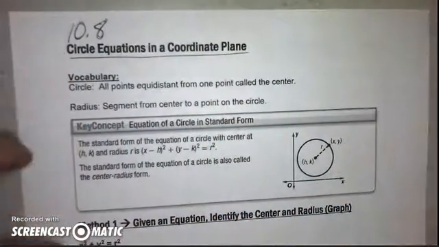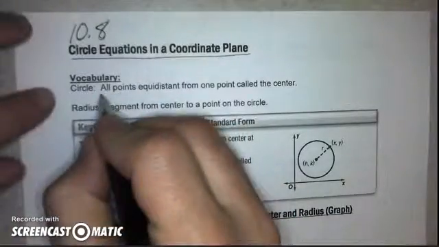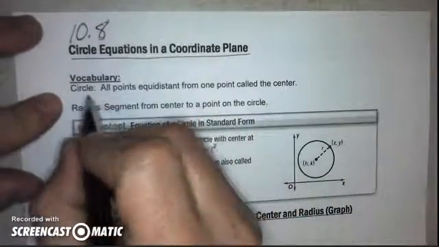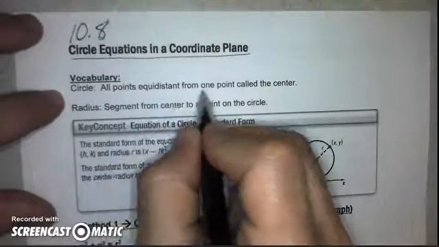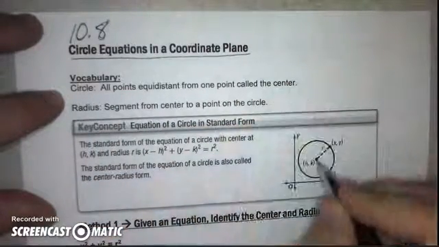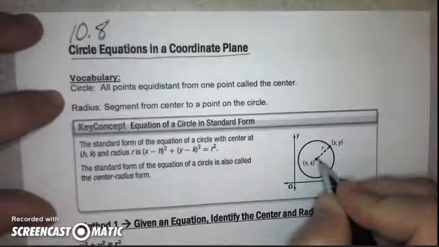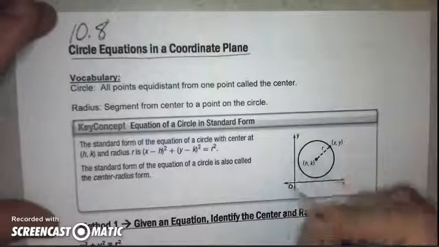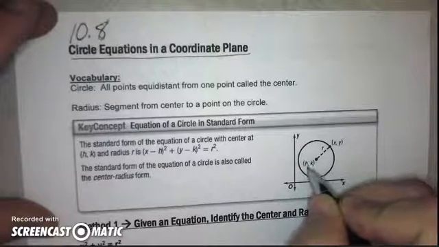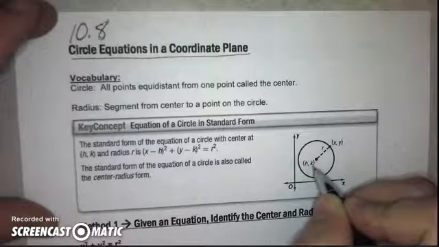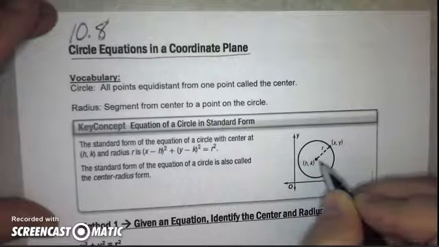Now, I'm going to remind you of some vocabulary. You don't have to write this down because it's already printed for you. But a circle is all of the points that are equidistant from one point we call the center of the circle. So if I put the center of the circle as some point on the coordinate plane, it would have an ordered pair. We're going to call that h comma k, where h is the x coordinate, k is the y coordinate of the center of the circle.